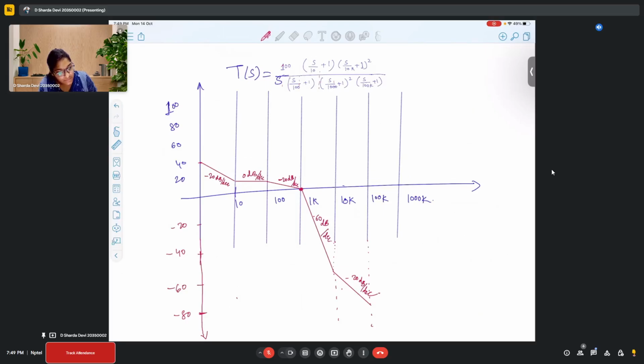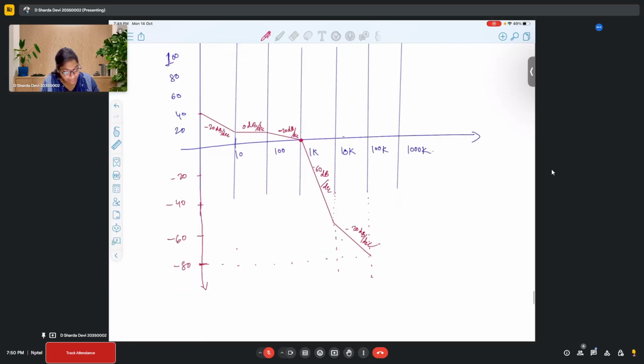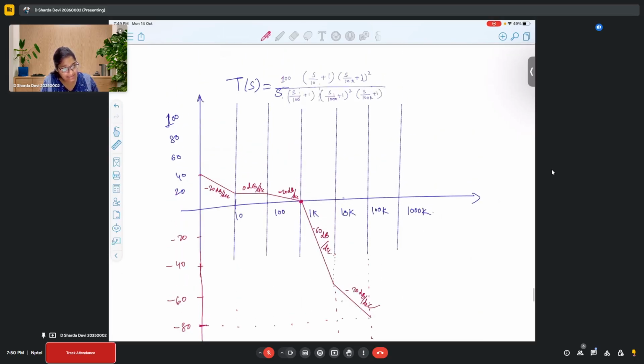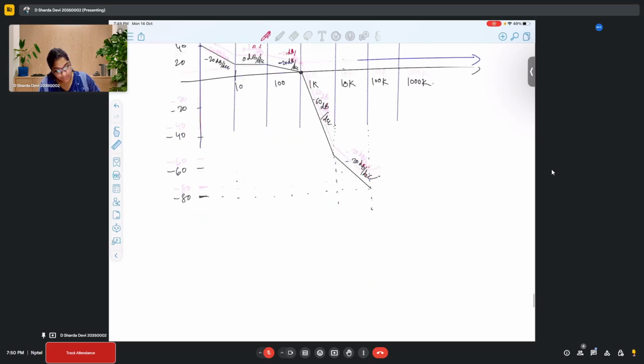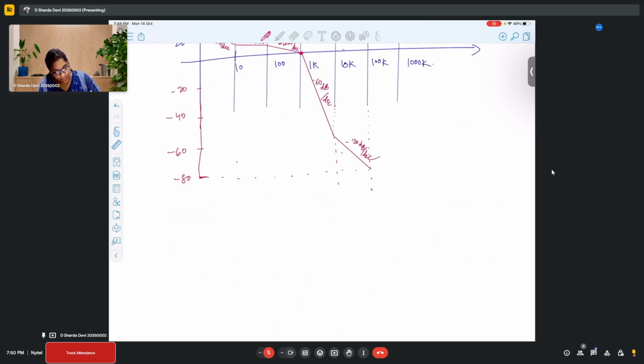This is my crossover frequency. And here, when it reaches minus 80, then again at 100K, there is another pole.